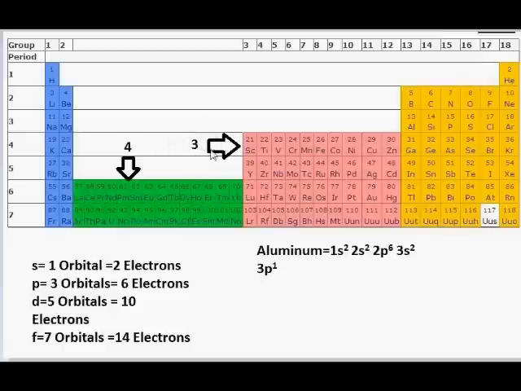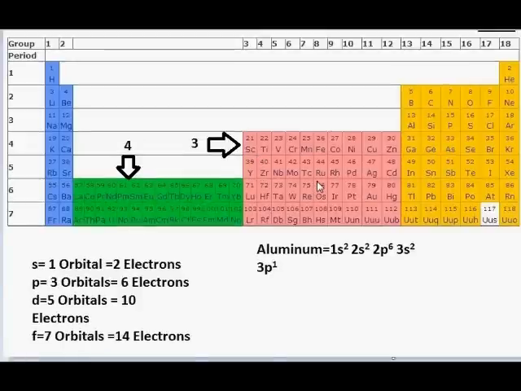What I mean by this 3 is that these elements right here, although they are on the 4th period, are actually part of the 3d sublevel, and these elements are part of the 4d sublevel, and so on and so forth. F is even more different since it starts at 4f, even though it's on the 6th period.